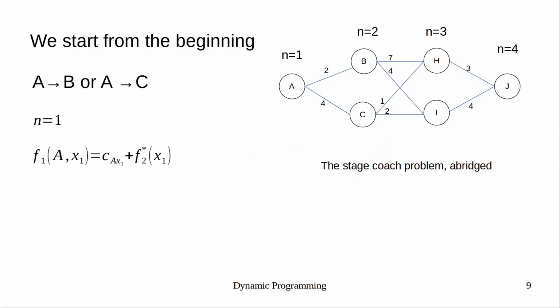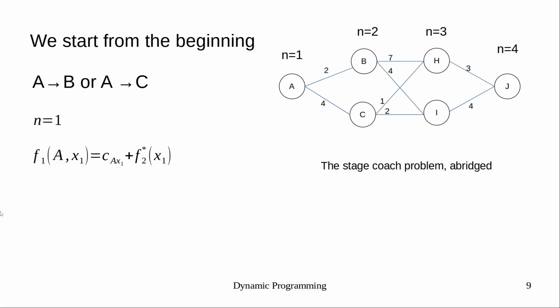Now, let's explain this further. Let us say you are at A. From A, you can go to B, or from A you can go to C. You have two choices. So F1(A, X1) is going to be nothing but C(A, X1), that is either 2 or 4, which is the immediate cost, plus the future minimized cost, that is the minimum cost from stage 2 to stage J. This is nothing but F2 star.